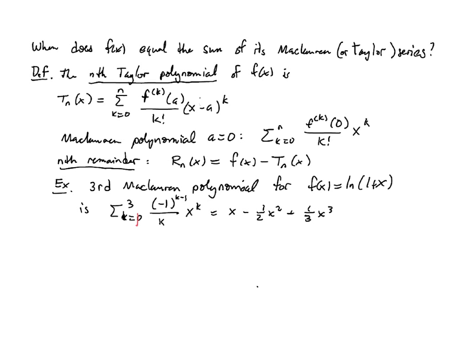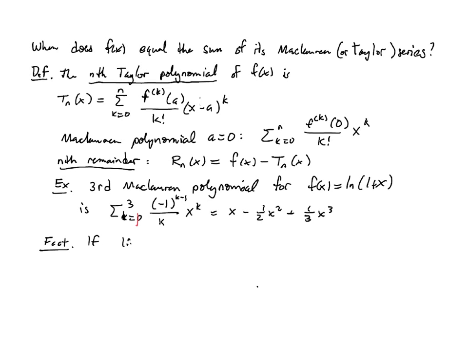And in order to understand why or when this is a good approximation, we need two things. We need the following fact, and this is just a reinterpretation of what we already know for partial sums.